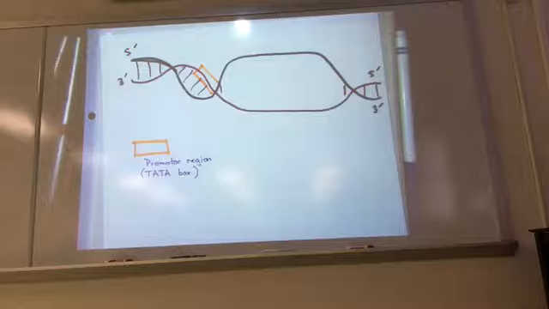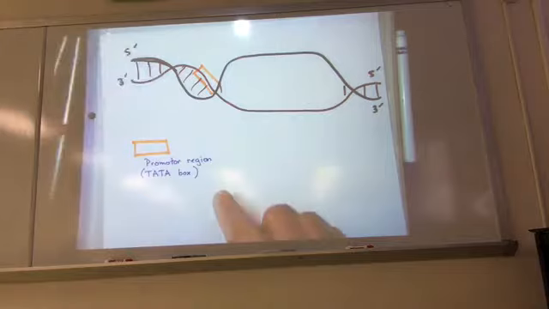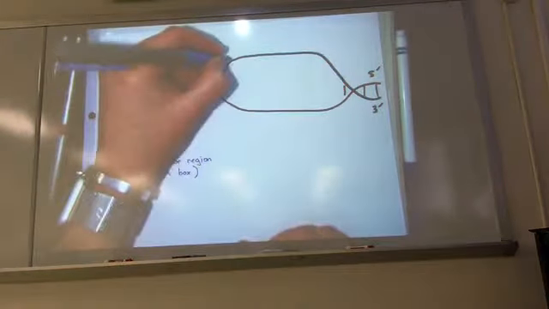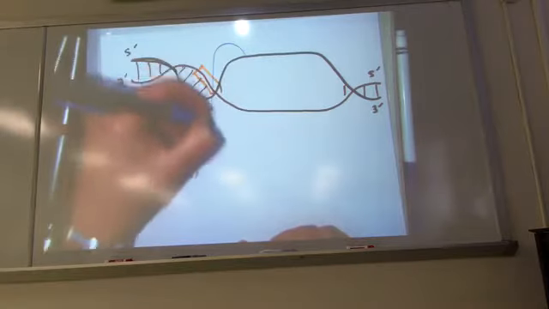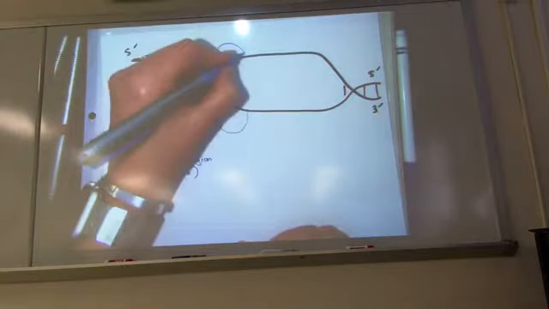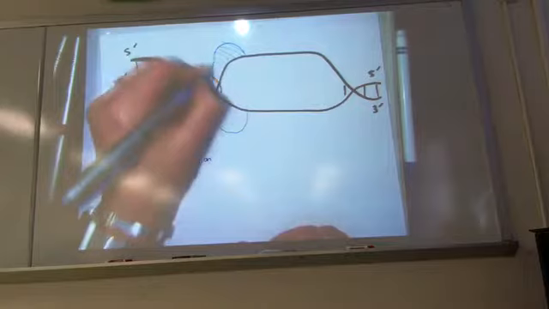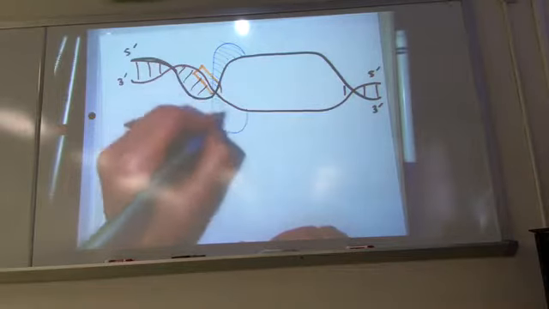Now at that region, that is where the RNA polymerase will begin to unzip, unwind the DNA. So I'm going to shade in a little bit my RNA polymerase acting around this region here.